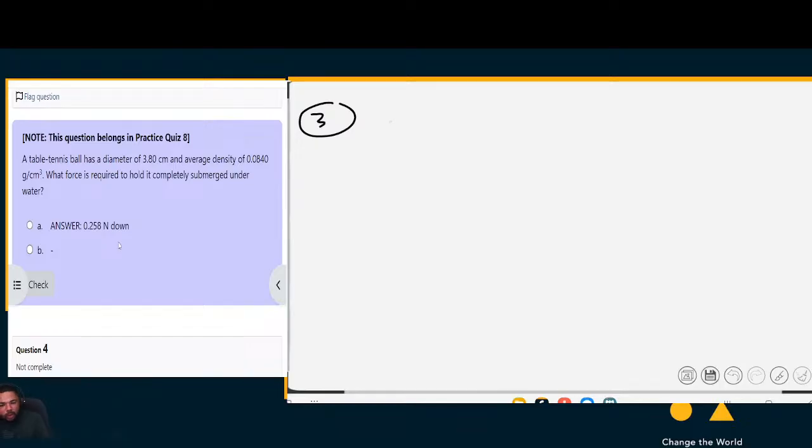Okay, so in order for you to hold it underwater, the ball must not move, it must just stay still, not bob around. So the sum of the forces will be zero if you submerge it.